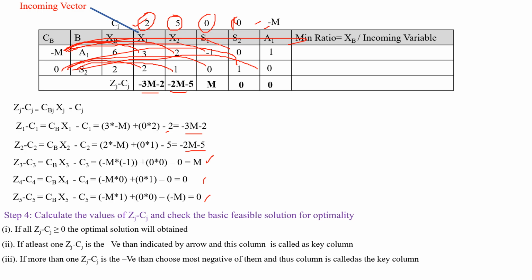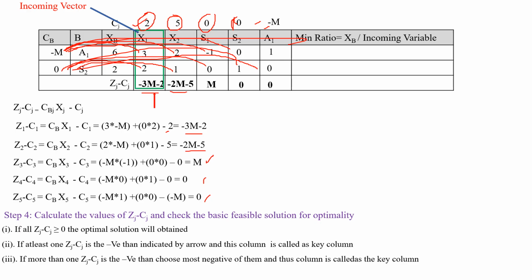These two are the negative values. Then among these values we have to choose the most negative value, that is minus 3M minus 2.